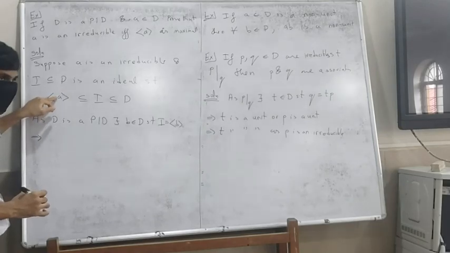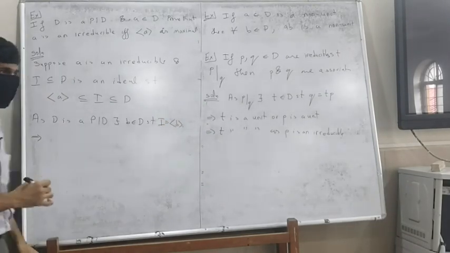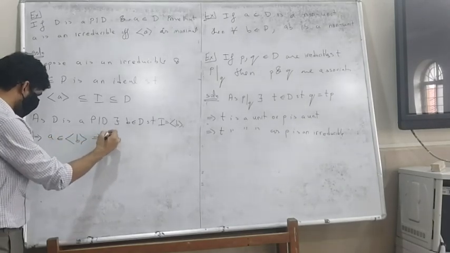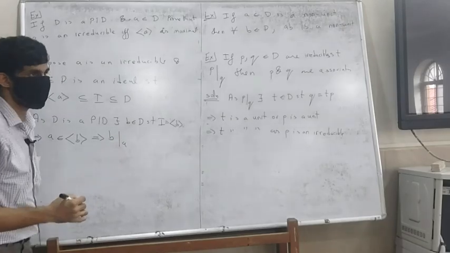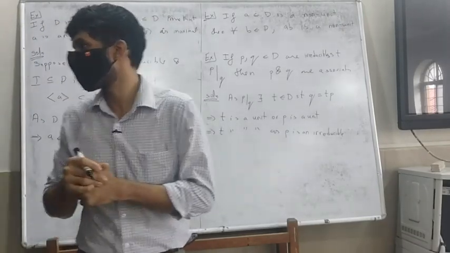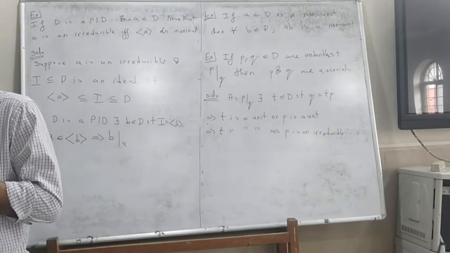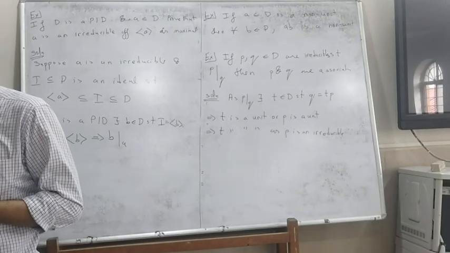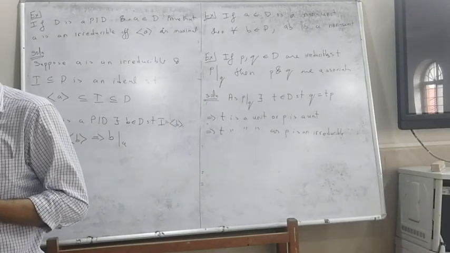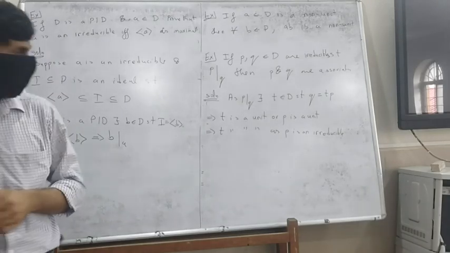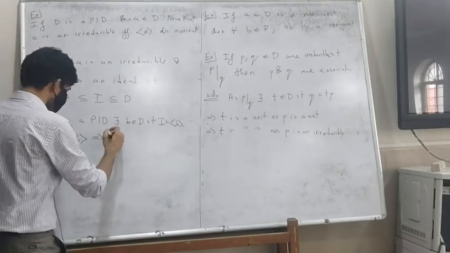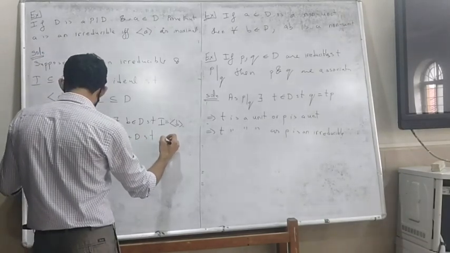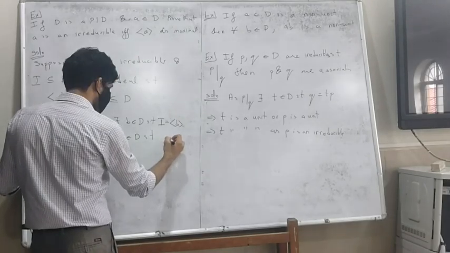This means that A is going to be in this, or in other words, B divides A. So there exists some C in D such that A equals BC.